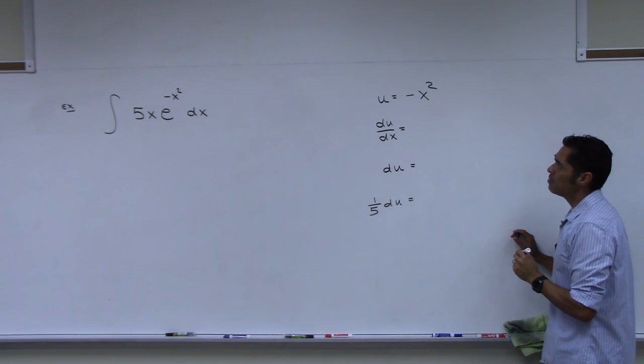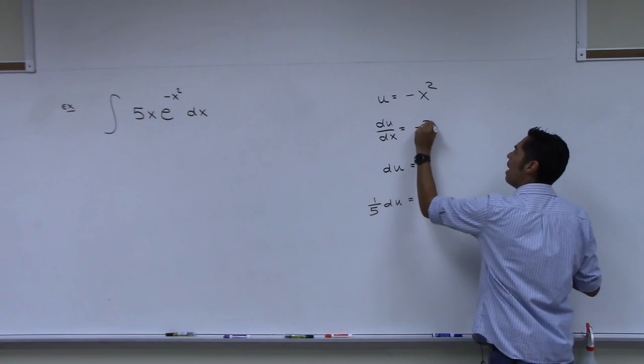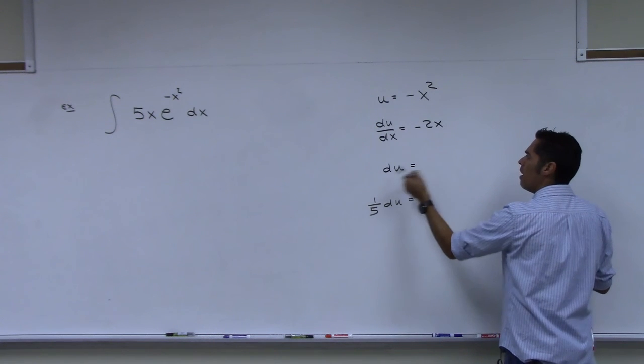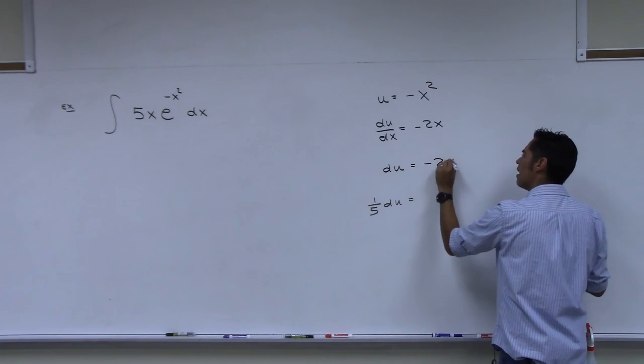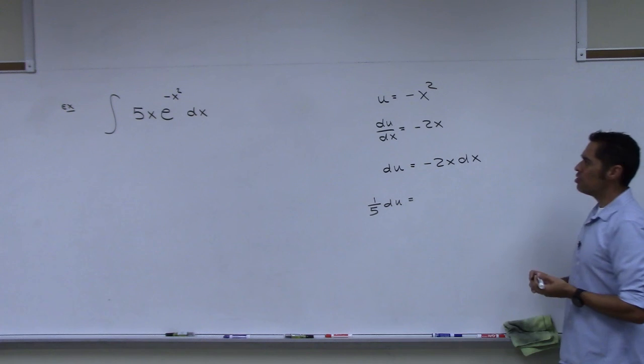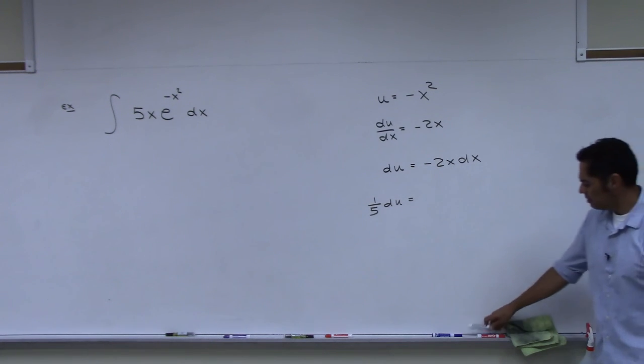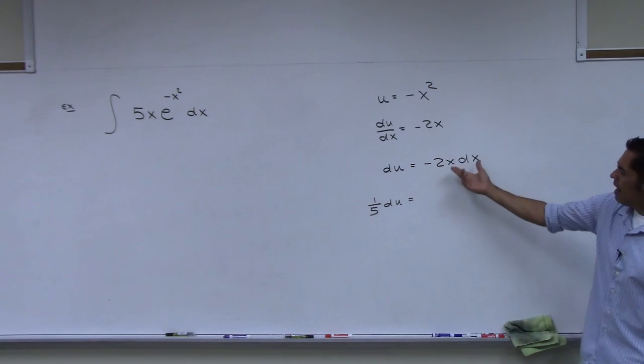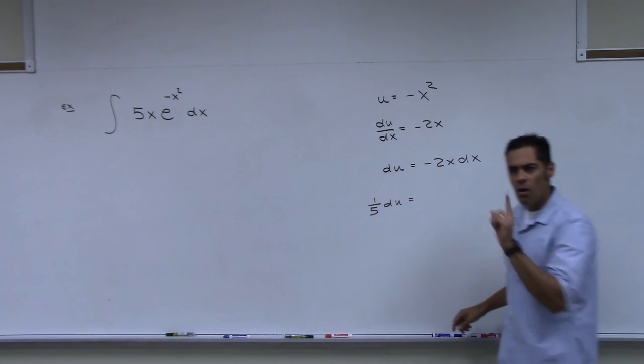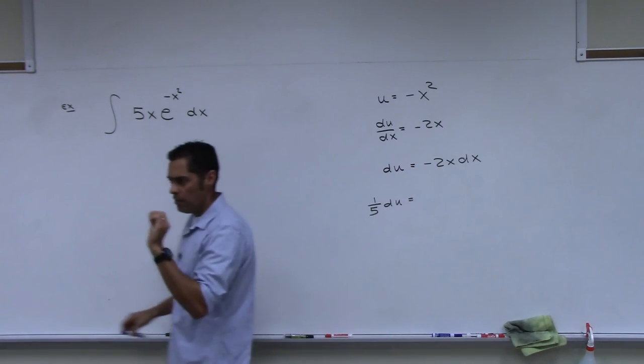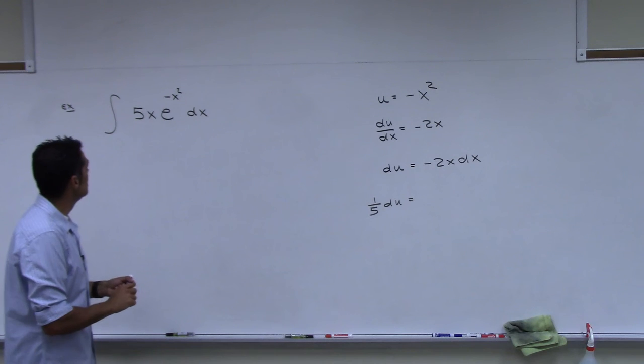The derivative of that is negative 2x. And if I multiply both sides by dx, I get negative 2x dx. Do you have this there? Almost.